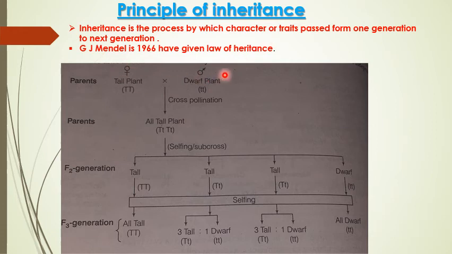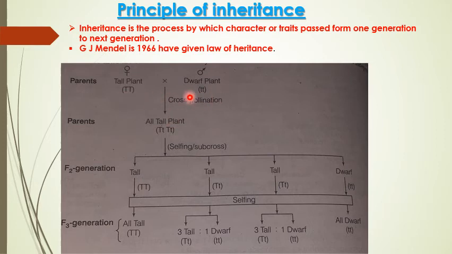He took the example of the pea plant and did an experiment on it. He took parent plants, a tall plant and a dwarf plant. The tall plant is male, and the dwarf plant is female.